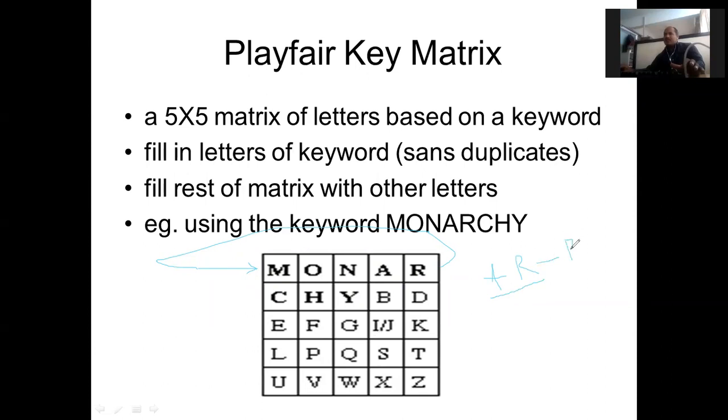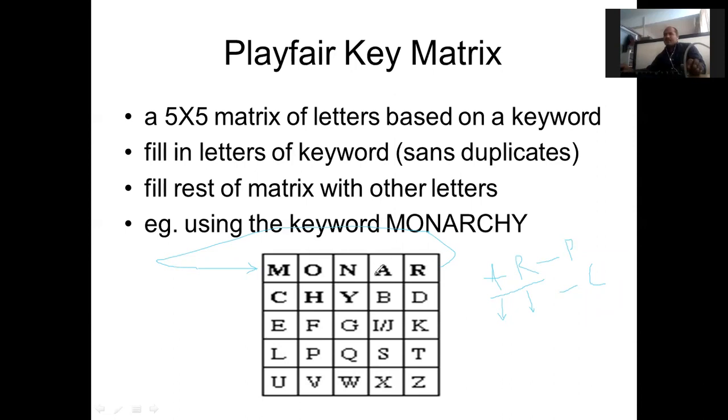Now I need to write the ciphertext characters here. What will be the ciphertext for A and R? First of all, we need to observe whether A and R occur in the same row or not. Here you can see that A is in the first row and R is also in the first row.